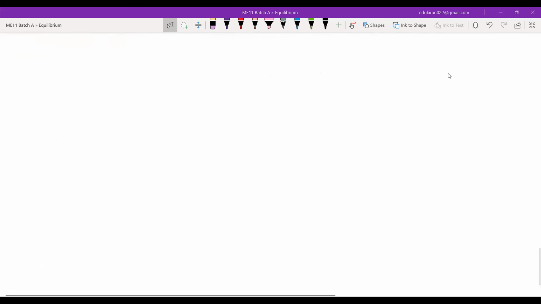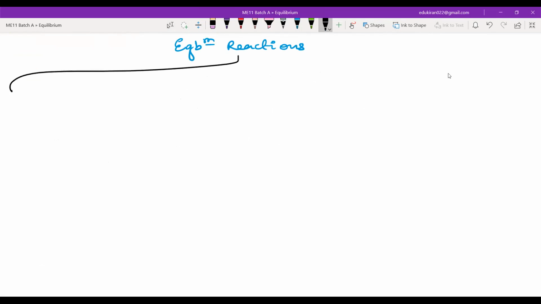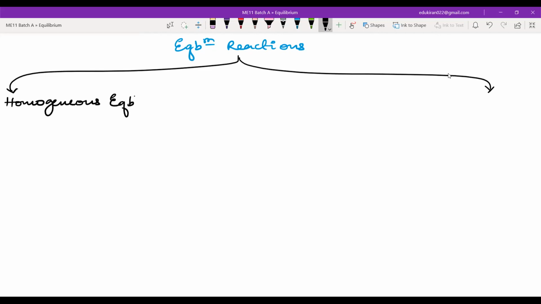Okay. Now, the equilibrium reactions that we have seen till now can be classified into 2 parts. There are some in which we have homogeneous equilibrium, and there are some in which we have heterogeneous equilibrium.